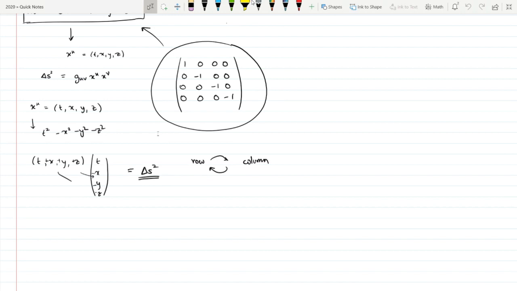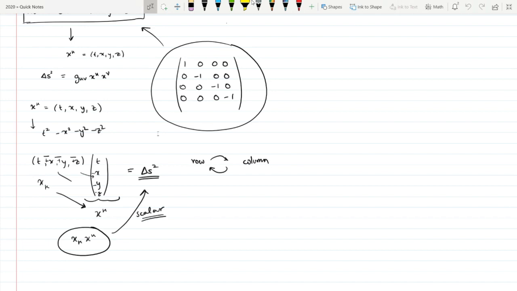So essentially what we have is, if we talk about a row vector, we can call that x_mu. And this particular thing which has the minus signs now, we call that x^mu. And we need a way to go between these two, because only if we take these two together, right? Now you can see, if I write it like this, only when I multiply this quantity together will I get a scalar.